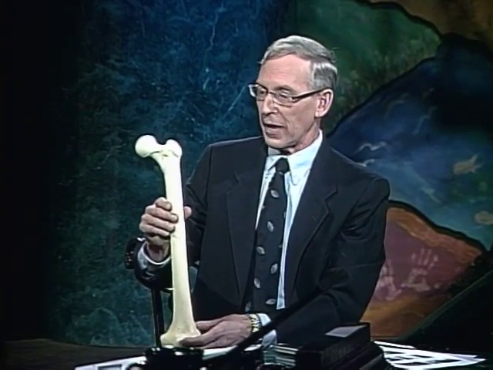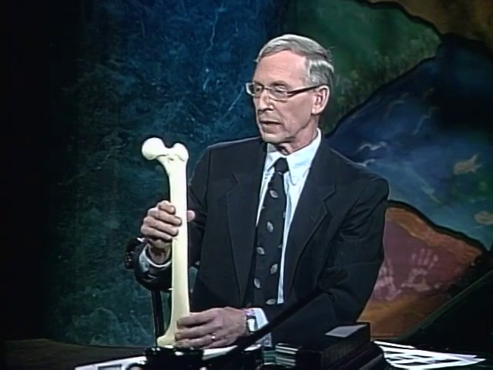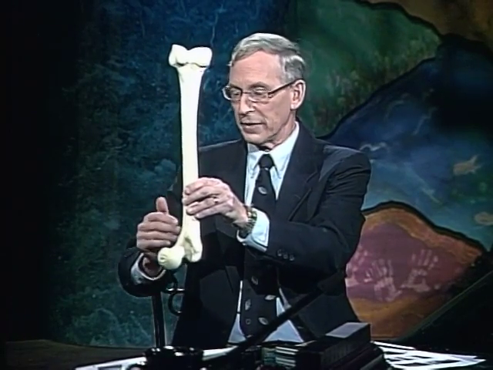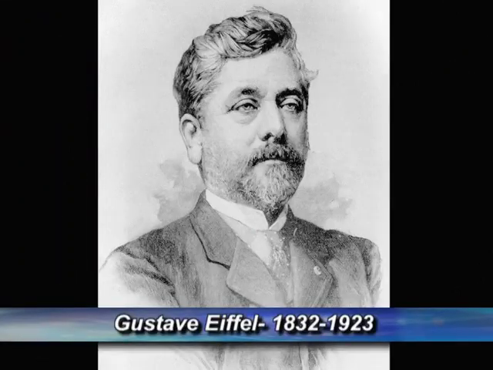And this architect had a friend who was in the medical world, and he was showing him this bone. And the architect took this bone and he did the mathematics of this curve at the top, and then he kind of inverted the whole thing and came up with this interesting arch-type curve here. And he thought, maybe I can build something on that style. By the way, his name was Gustav Eiffel.